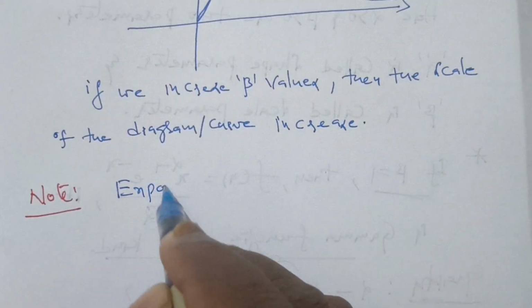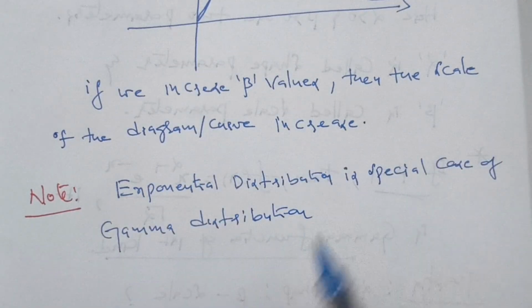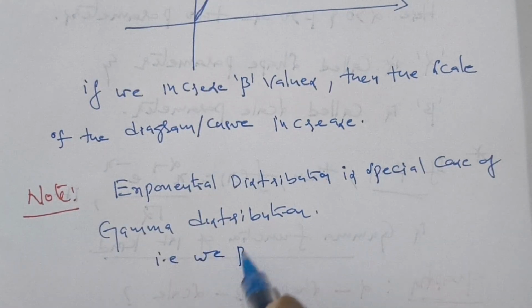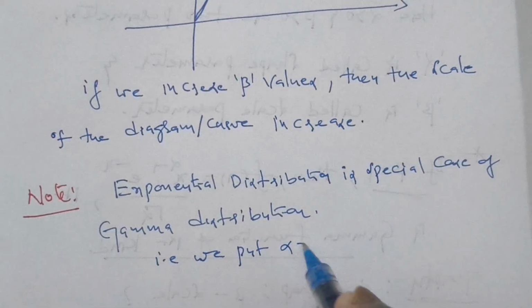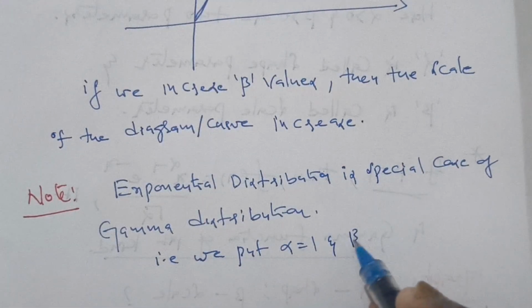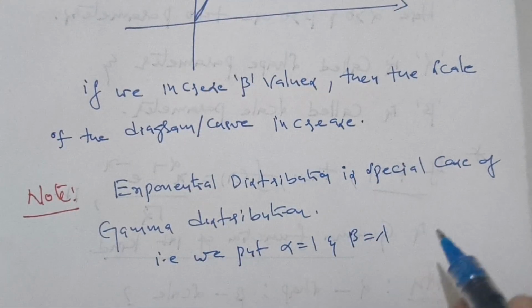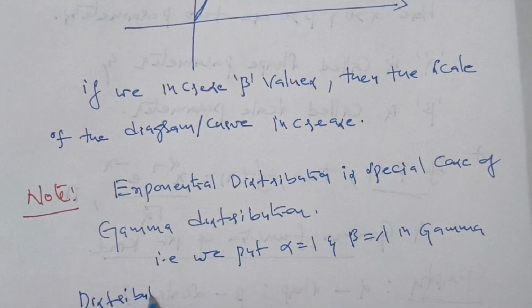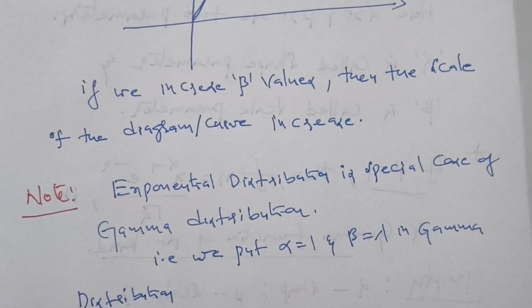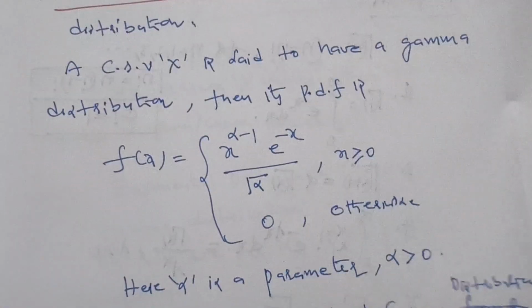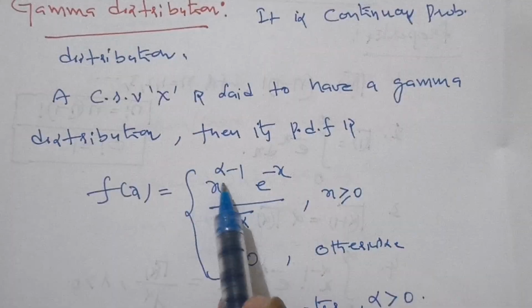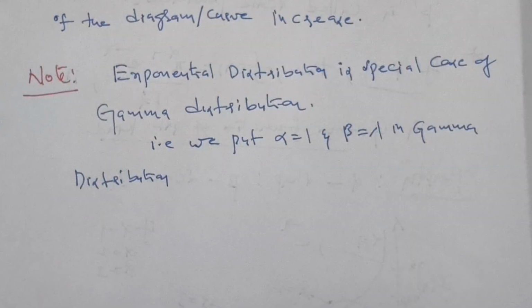Here we have an important note. The important note is that the exponential distribution is a special case of the gamma distribution. Why? If we put alpha equals 1 and beta equals 1 in the gamma distribution, it can be converted into the exponential distribution.